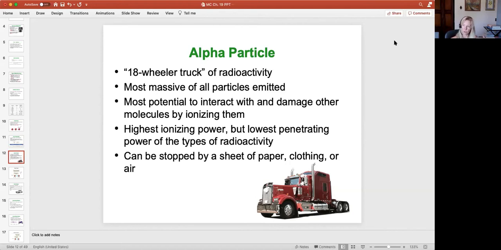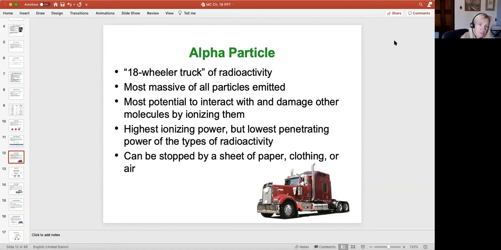If I'm a pretty far distance away, it's going to get slowed down just by the air. So as long as you're not standing really close to something that's emitting alpha particles, you're okay. And I don't think any of us would want to be that close to anything radioactive anyway. So that's an alpha particle.